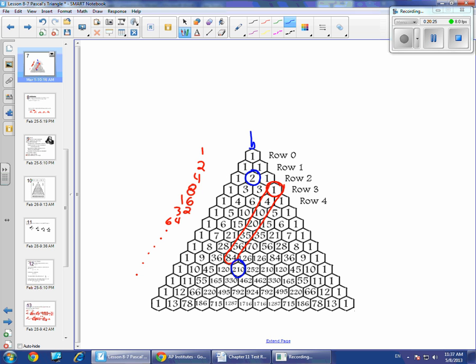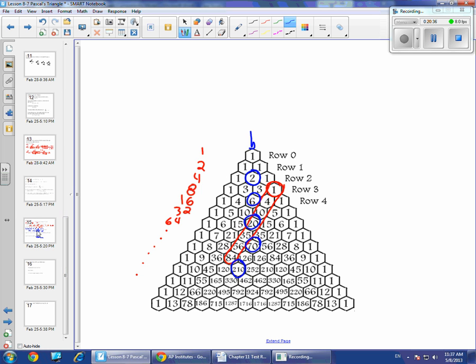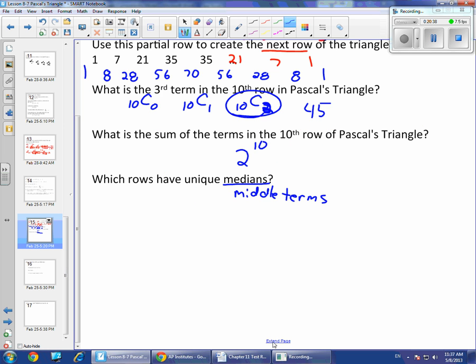Row 2 has a middle term. Row 4 has a middle term. Row 6 has a middle term. And row 8 has a middle term. So the ones that have unique middle terms are all of the even numbered rows.